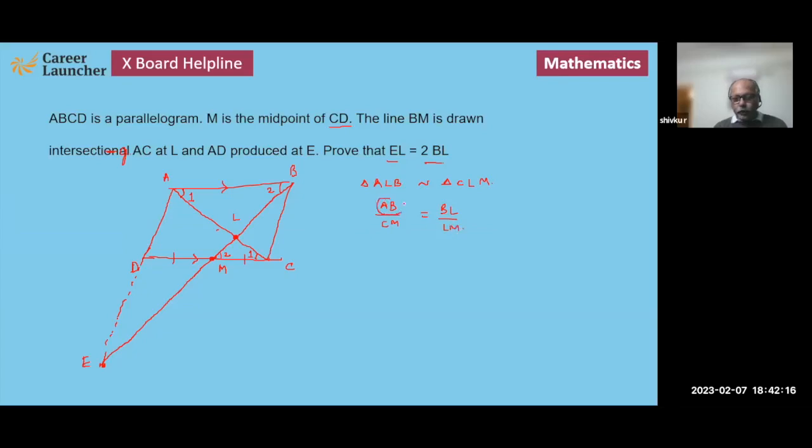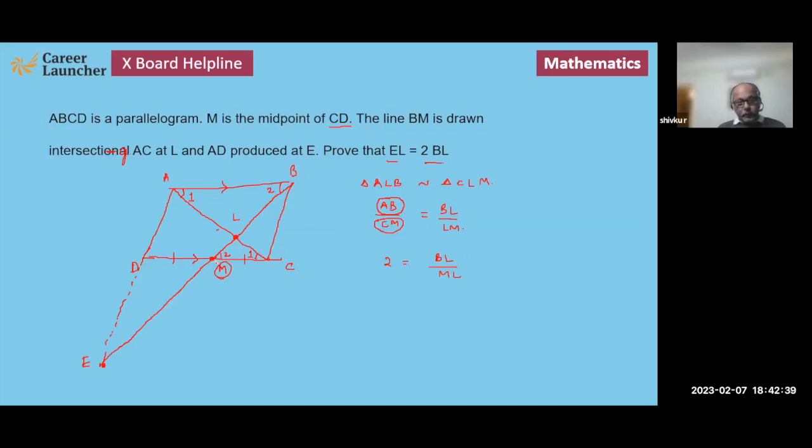So which we know that this value is twice of this, because we know that M is the midpoint. Since M is the midpoint, this will be equal to 2. We'll get BL must be equal to 2 times of ML. So BL by ML is equal to this. We know that.